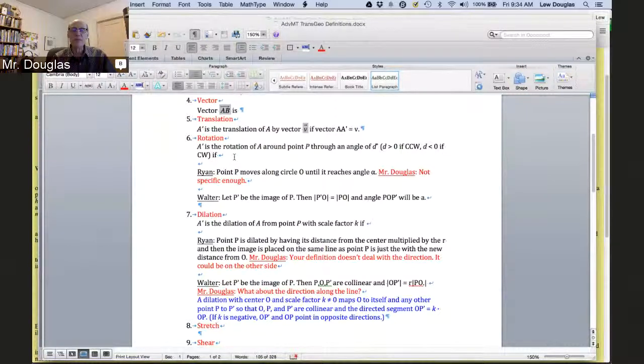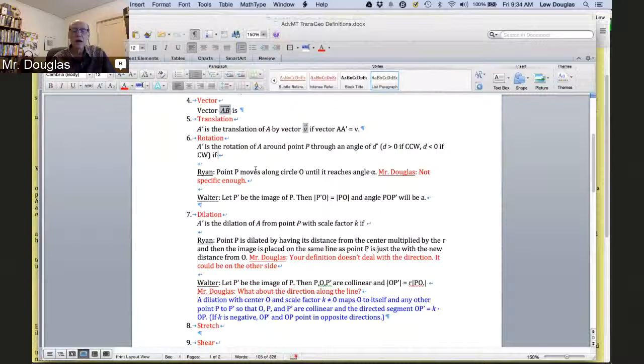So A prime is a rotation of A around point P through an angle of D, and we're going to get rid of the direction problem by just saying D is greater than 0 if counterclockwise and less than 0 if clockwise. So Walter says that the distances are the same.